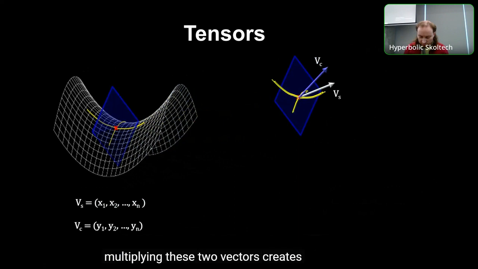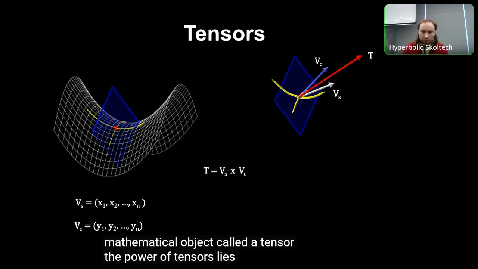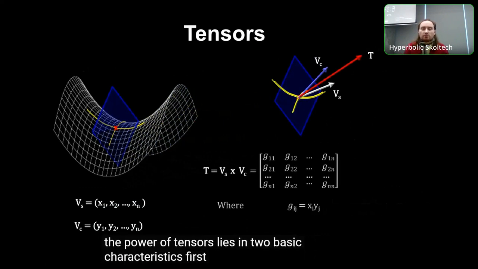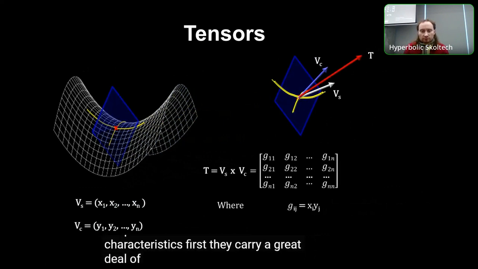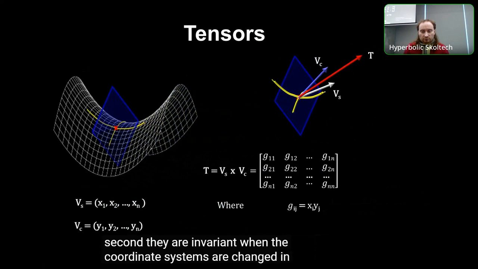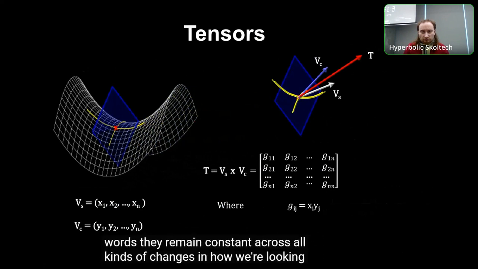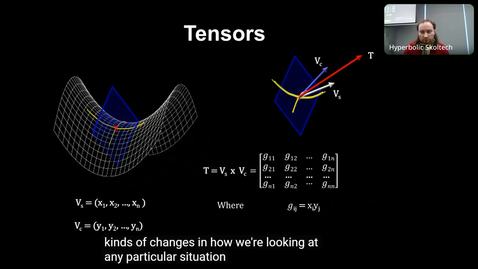Multiplying these two vectors creates a mathematical object called a tensor. The power of tensors lies in two basic characteristics. First, they carry a great deal of information. And second, they are invariant when the coordinate systems are changed. In other words, they remain constant across all kinds of changes in how we're looking at any particular situation.